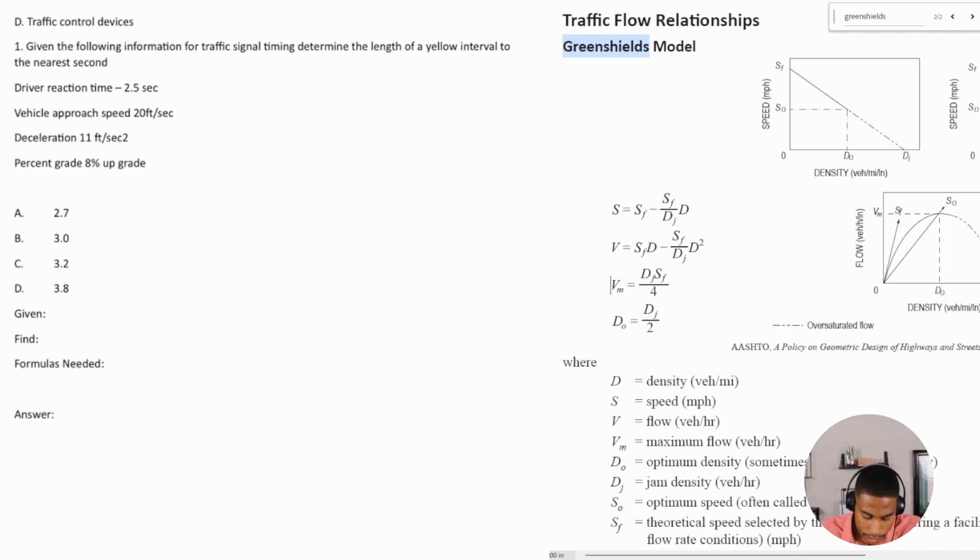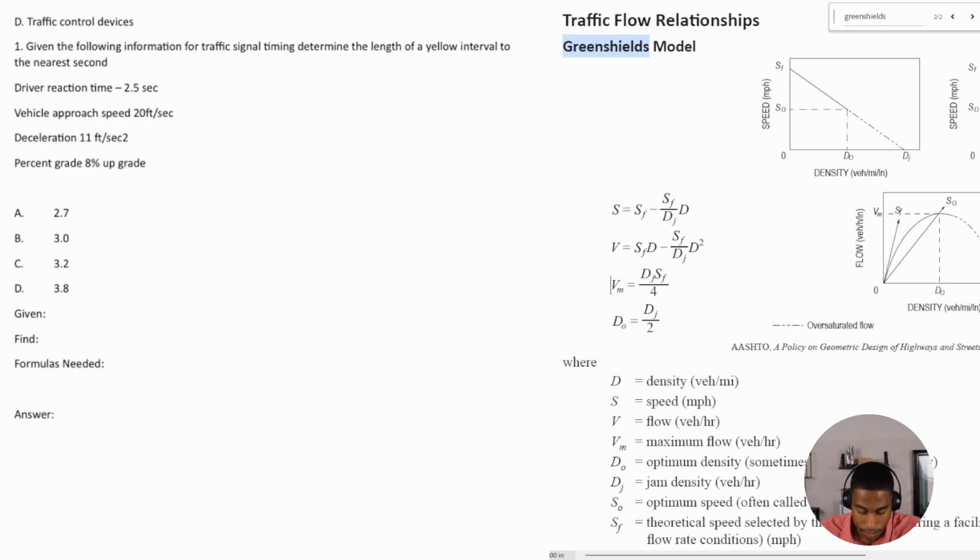For the next one, it says, given the following information for traffic signal timing, determine the length of a yellow interval to the nearest second. Okay, so we have driver reaction time 2.5. Vehicle approach speed is 20 feet per second. Deceleration is 11 feet per second squared, and our percent grade is 8% upgrade.